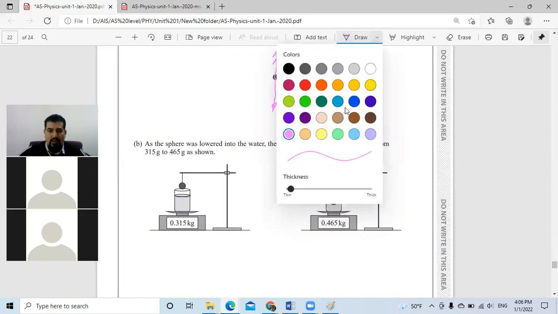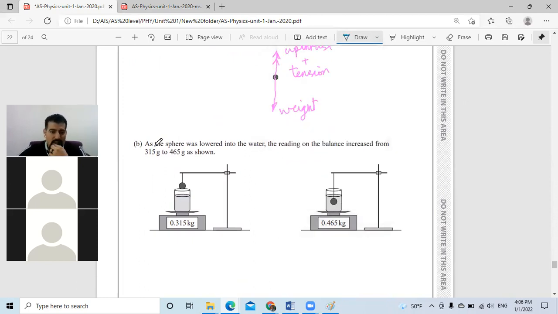Next, what they ask. As the sphere was lowered into the water, the reading on the balance increased from 315 to 465 grams. So when we take it off, it becomes 0.315, and when we put it in, it will be 465 grams.